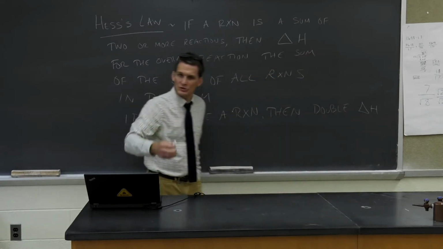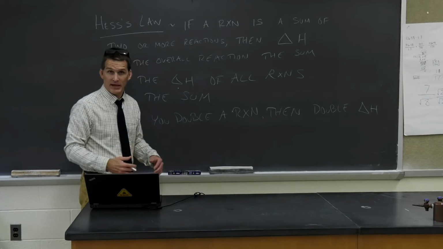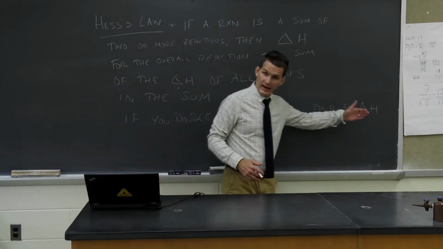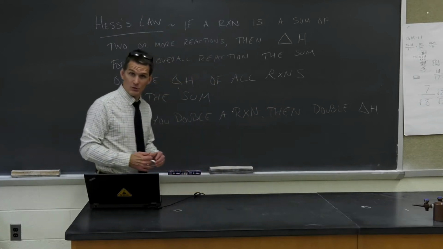Or whatever you scale the reaction by, if you half the reaction, then you're going to half the enthalpy for the reaction. However it's scaled, you scale the enthalpy accordingly.